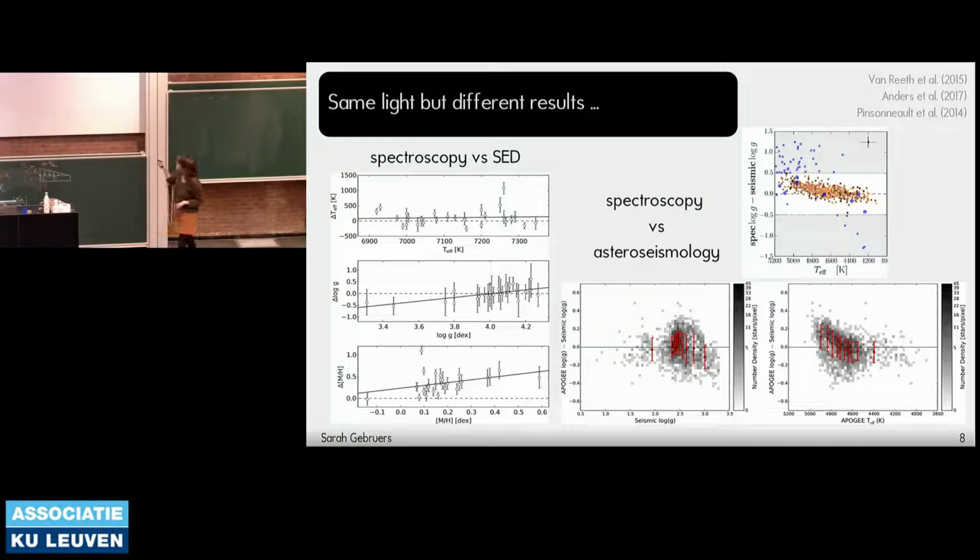On the right-hand side is an example for somewhat lower mass stars, where we compare spectroscopic and asteroseismic surface gravities, and you can see that there are some trends in there. It's not exactly the same. This is pretty weird, because we're observing the same star, the same light coming from the star, and we analyze it in different ways with different techniques, and we get different results. So something is going on there, and we should try to solve that.